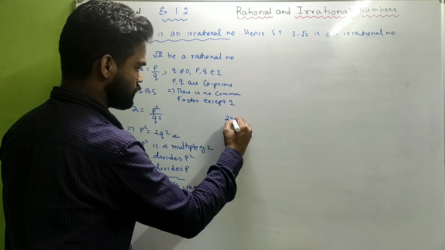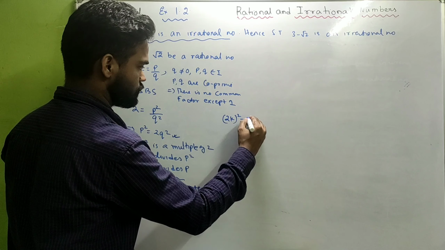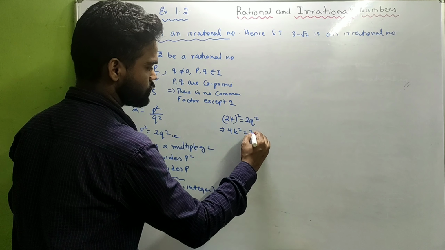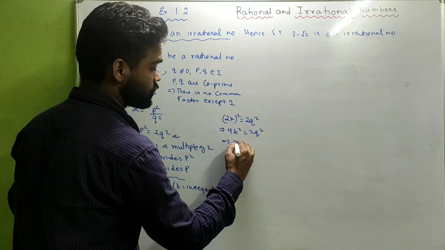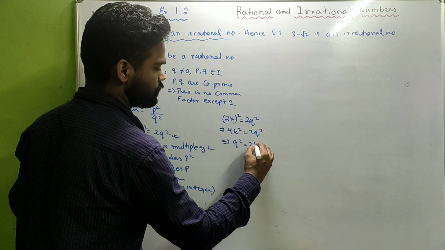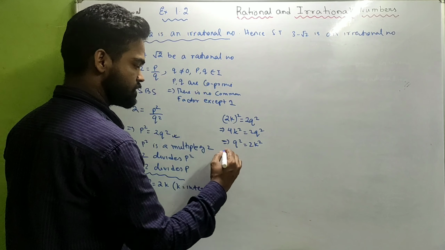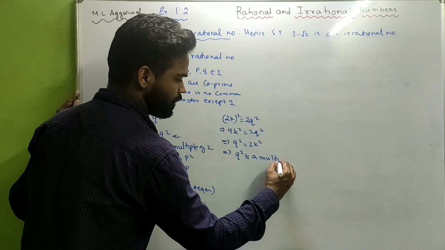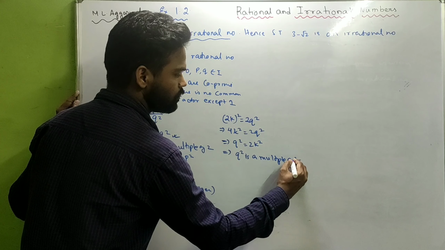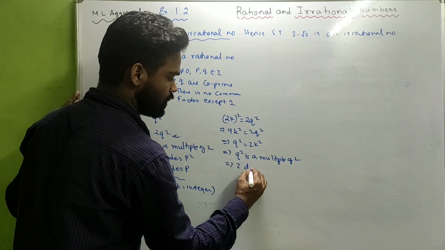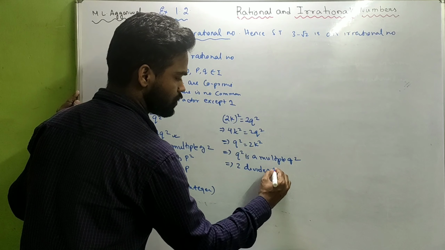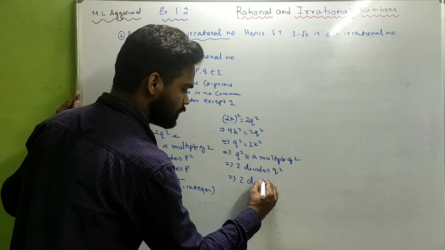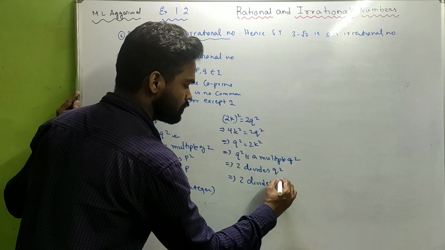So we get 2k whole square equals 2q square, which means 4k square equals 2q square, which means q square, if you look carefully, is equal to 2k square, which means q square is a multiple of 2, which means 2 divides q square. Now again, 2 is a prime number, so 2 divides q also.